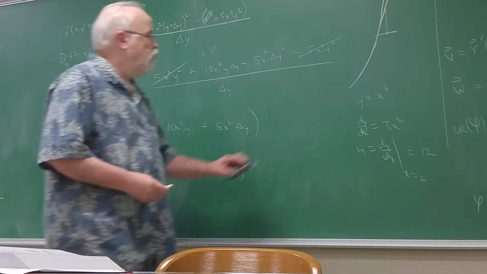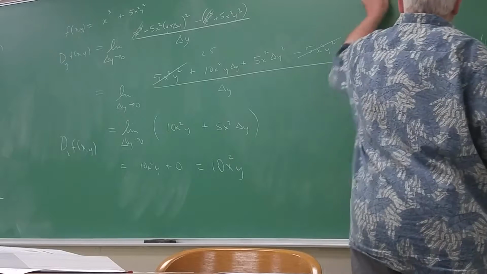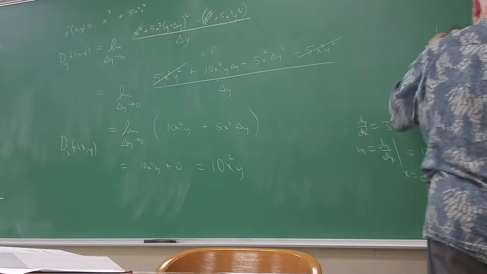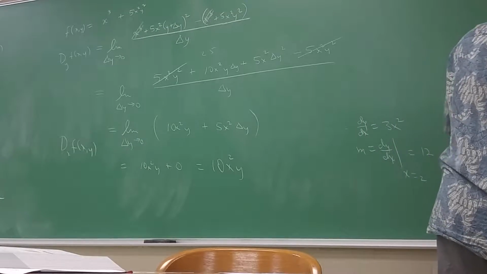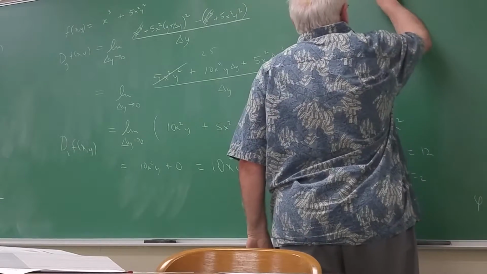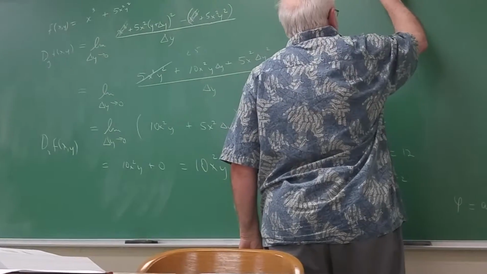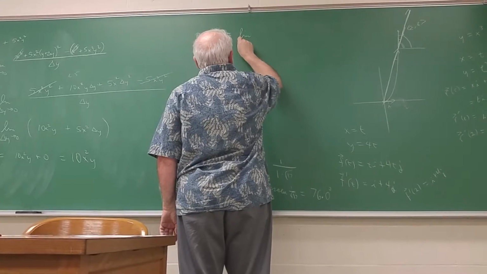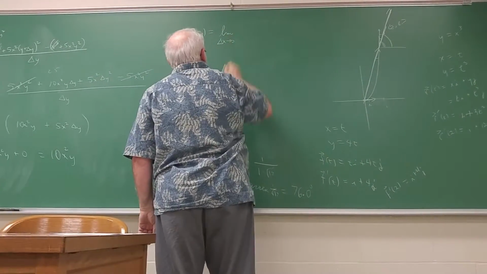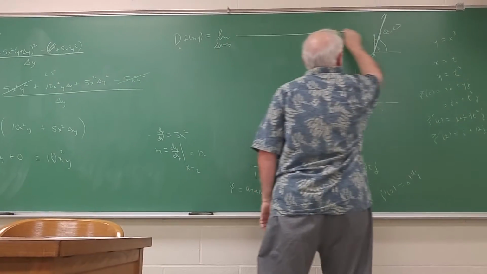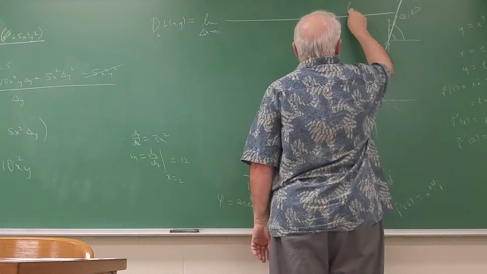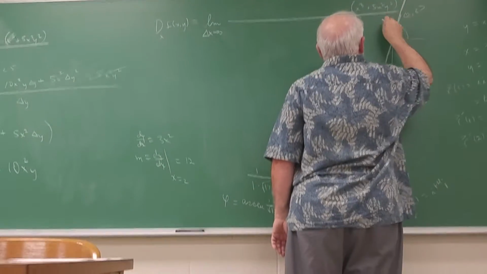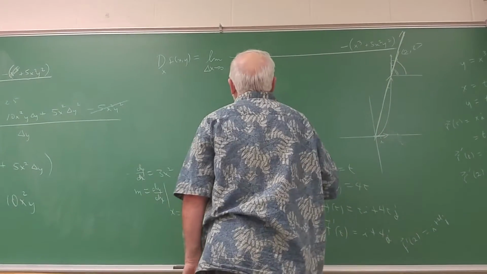And for the other one, d sub x f of xy, that will be a limit as delta x goes to 0. And over here, I've got the x cubed plus 5x squared y squared, subtracted.